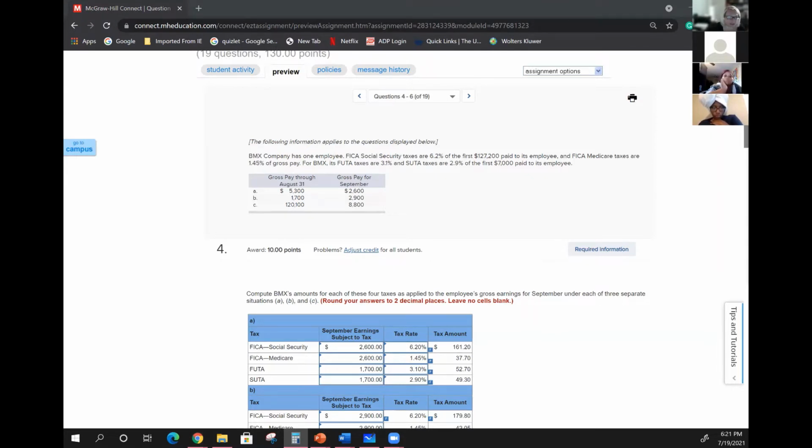They've already been paid $5,300, so what's the difference between the $5,300 and 7,000? It's $1,700. So I'm going to use $1,700 instead of the $2,600, because anything over 7,000, I don't have to pay tax on. So I'm going to multiply the $1,700 by the rates they gave me, and that's my amount.